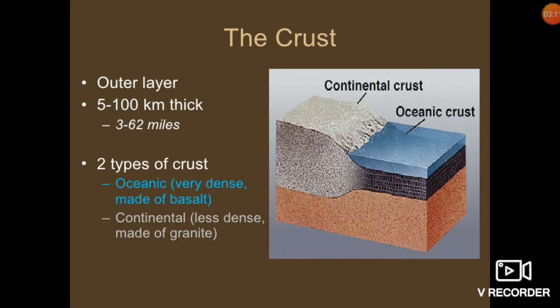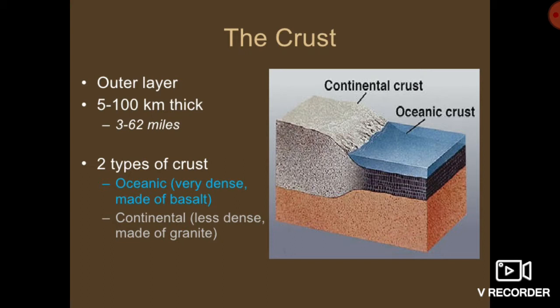You can see here the continental crust, on which all the mountains, plains, plateaus and different landforms are found. And the second one is the oceanic crust, the part of the crust where all the oceans rest.